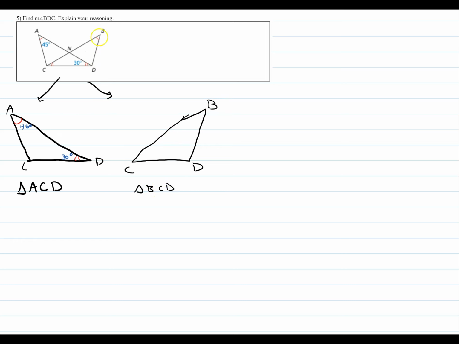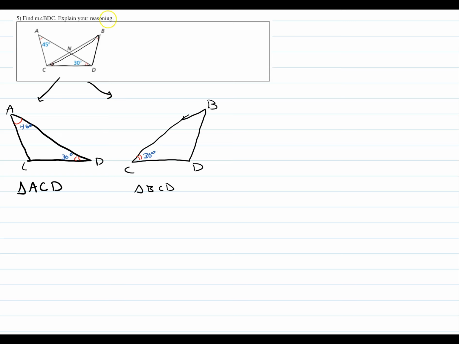Alright, so triangle BCD. In this triangle right here, we have this angle C having two lines, which means it corresponds to this angle D. They're matching, so they're both 30 degrees. They have the same degree measure.